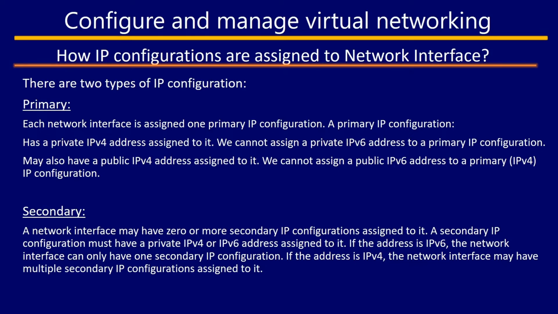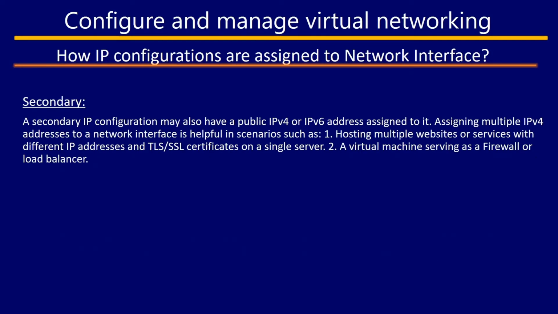If the address is IPv4, the network interface may have multiple secondary IP configurations assigned to it. A secondary IP configuration may also have a public IPv4 or IPv6 address assigned to it.